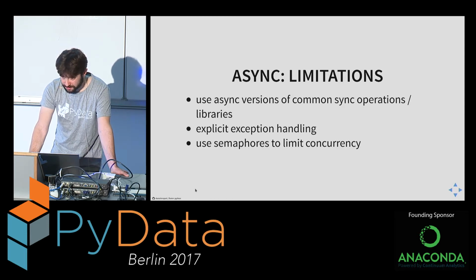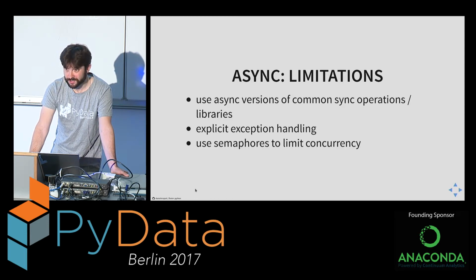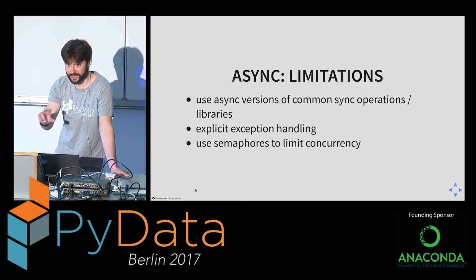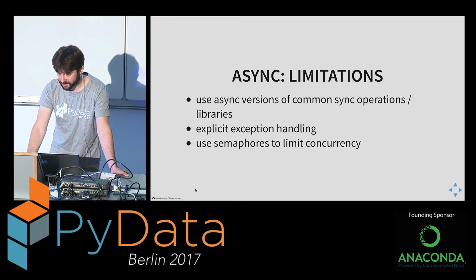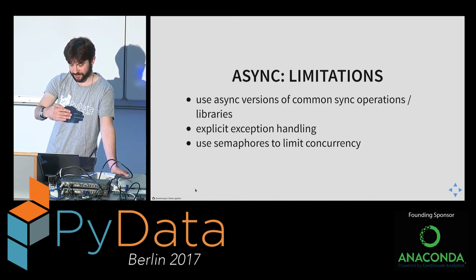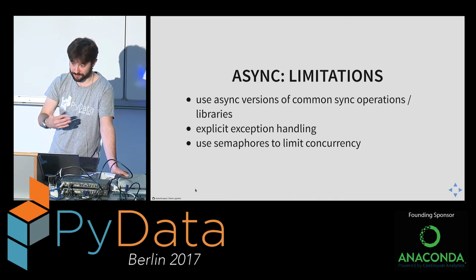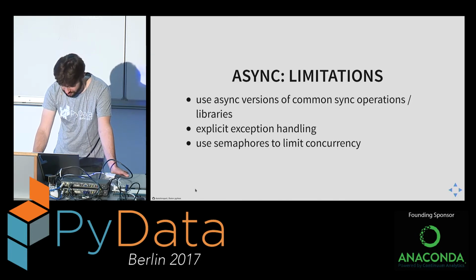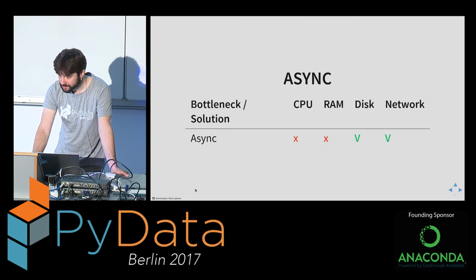You need to explicitly handle exceptions. Otherwise, your task might just die and you don't get any output. And if you want to limit how many concurrent tasks can run at the same time, you need to use semaphores. So async, really useful for disk and network applications.